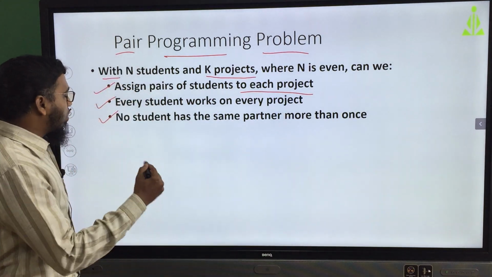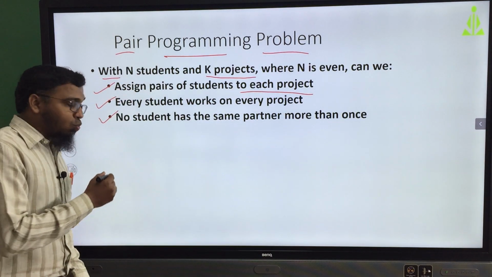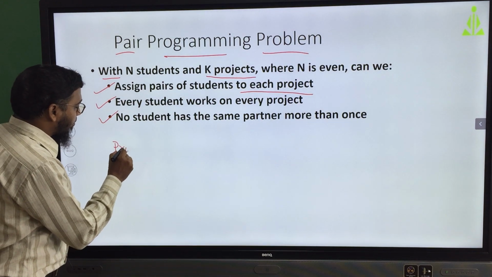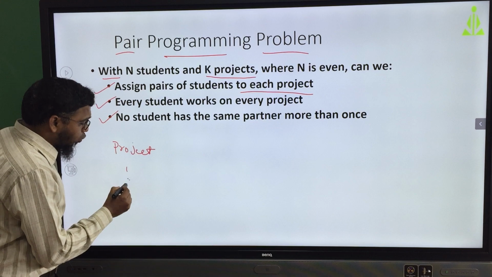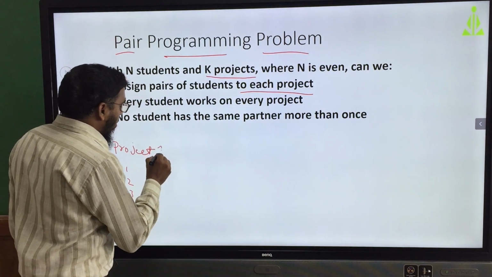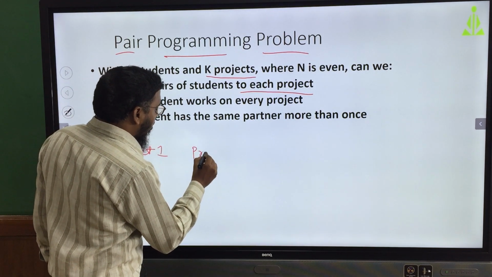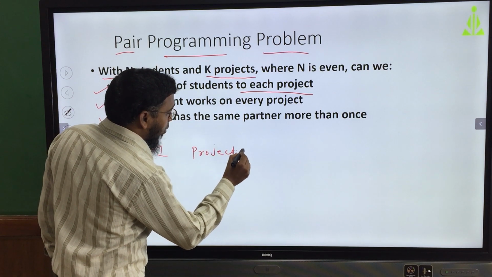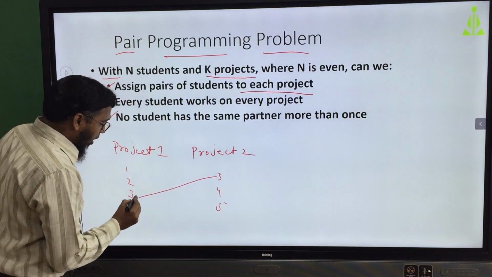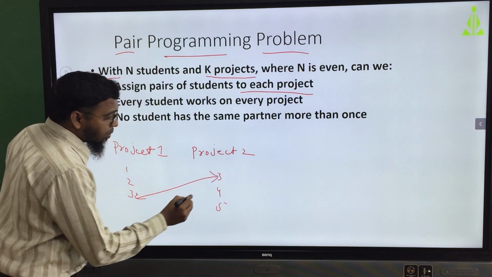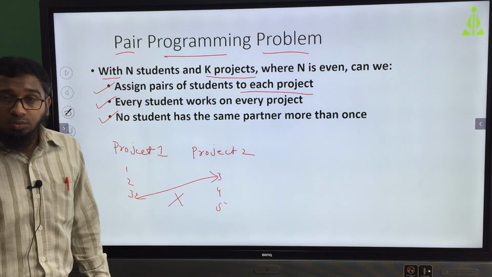Okay, if in project 1 the pair is 1, 2, 3, then we cannot have the same numbers in project 2, 3, 4, 5. So this is not allowed.